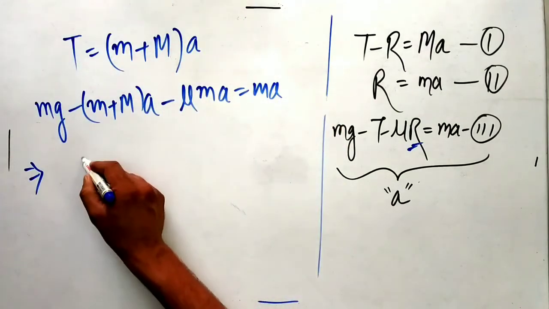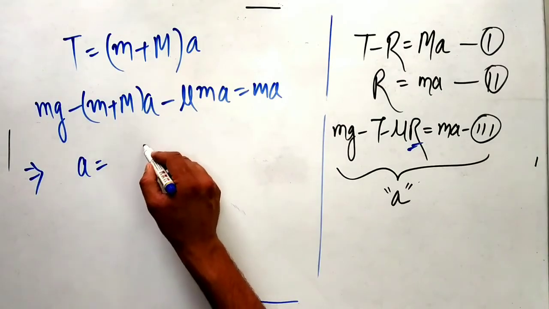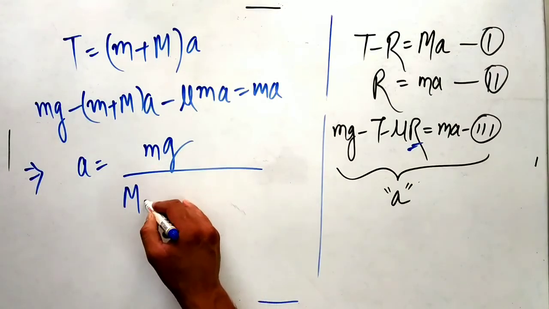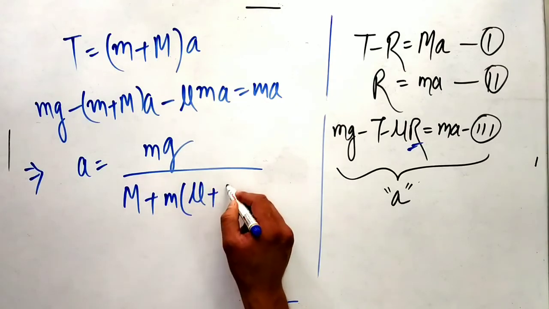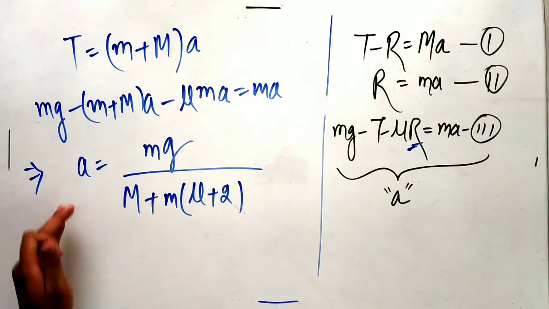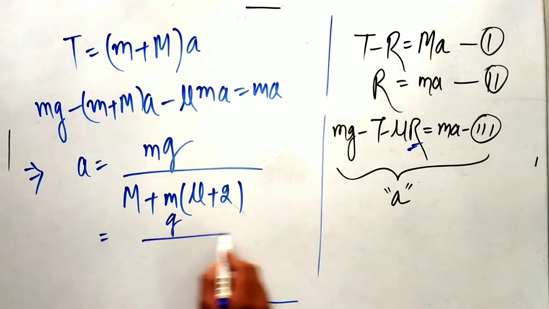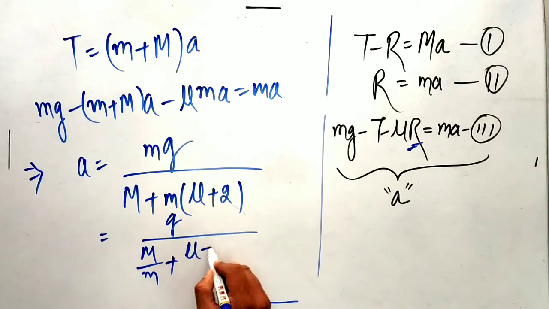Solving this for a, we will come to a is equal to mg divided by (M plus m plus m times mu plus 2). You can divide both the numerator and denominator with small m. You'll get a is equal to g divided by (M by m plus mu plus 2).